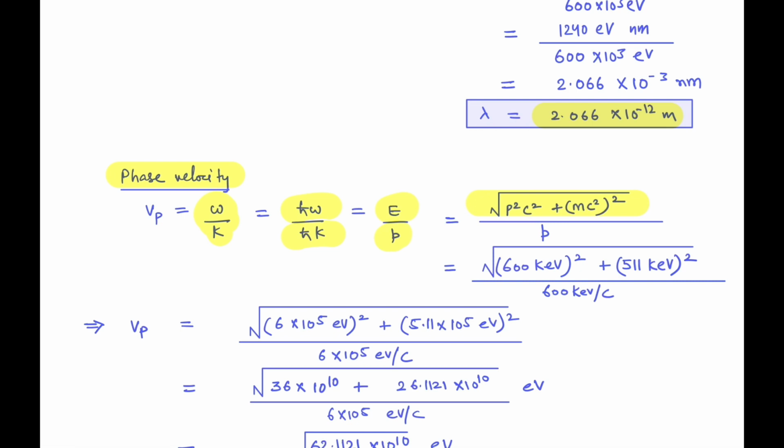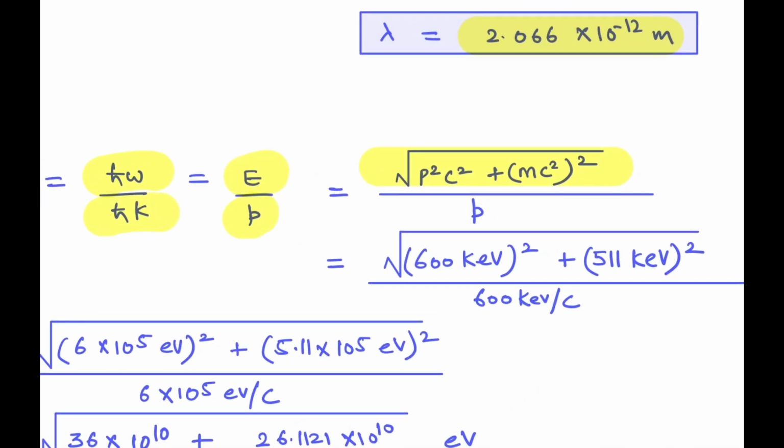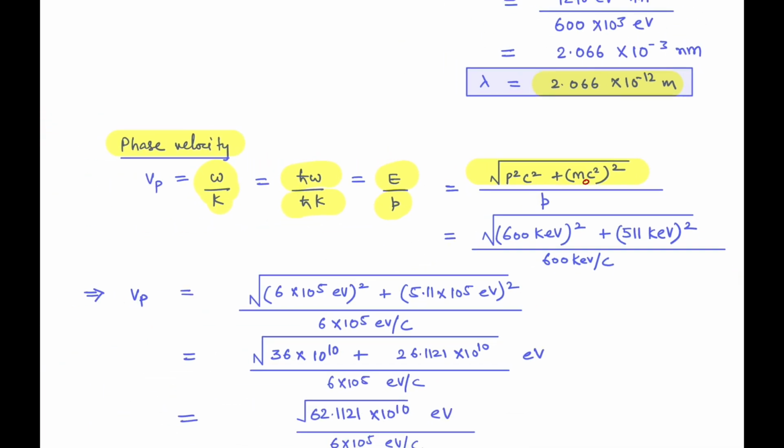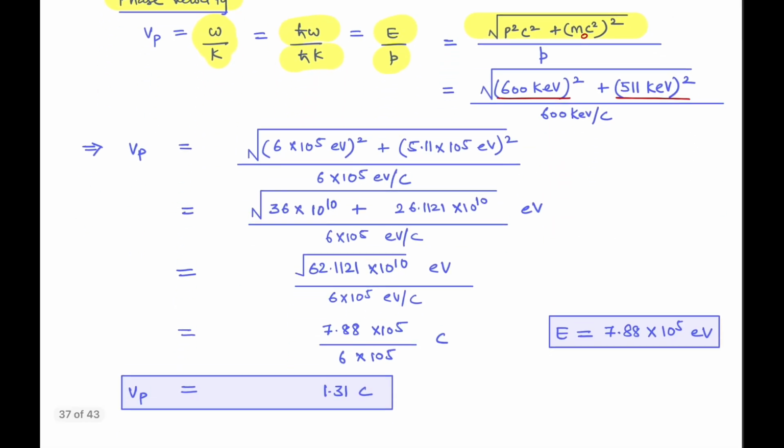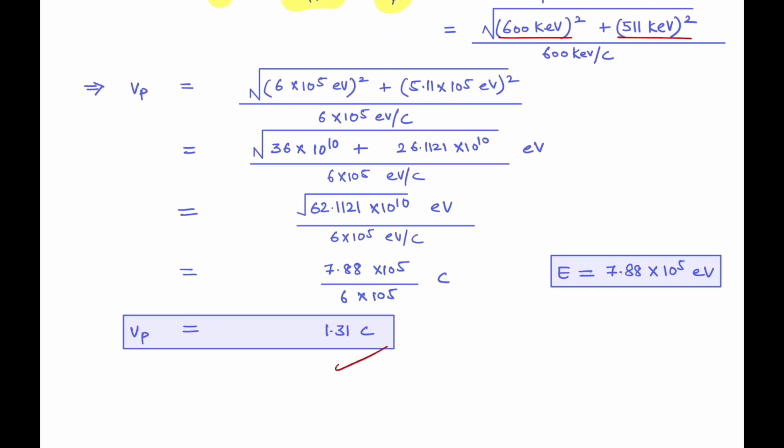Whenever I write this mc square, it invariably means the rest mass, that is m naught. So p square c square is going to be 600 kilo electron volt whole square, and the rest mass energy is 511 kilo electron volt. When we calculate the whole thing, we get the phase velocity to be 1.31 times the speed of light. This is more than the speed of light, and that is the way it is to be.